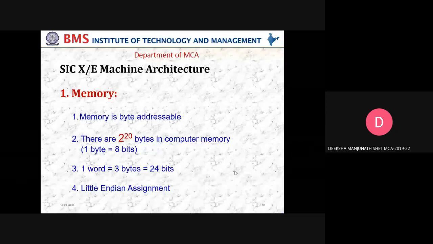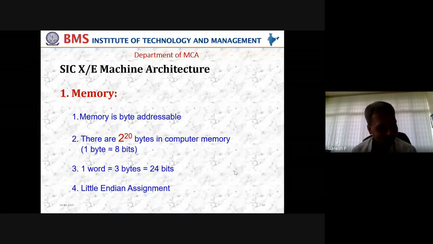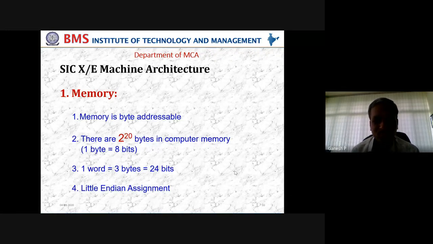Exactly 1 MB, because 2 power 10 is 1K, 2 power 20 is 1M, 2 power 30 is 1G. So 2 power 20 is exactly 1 mega.